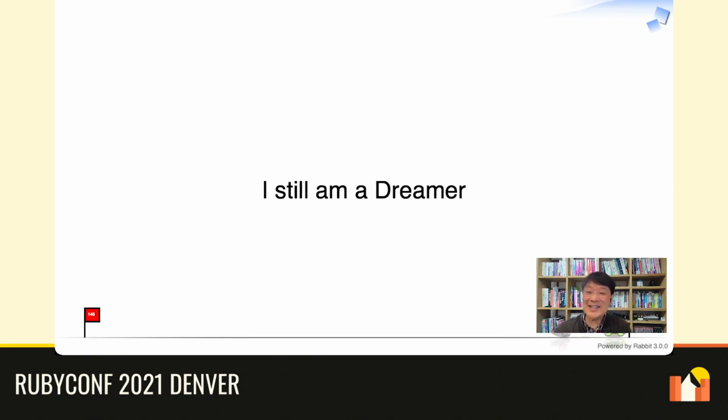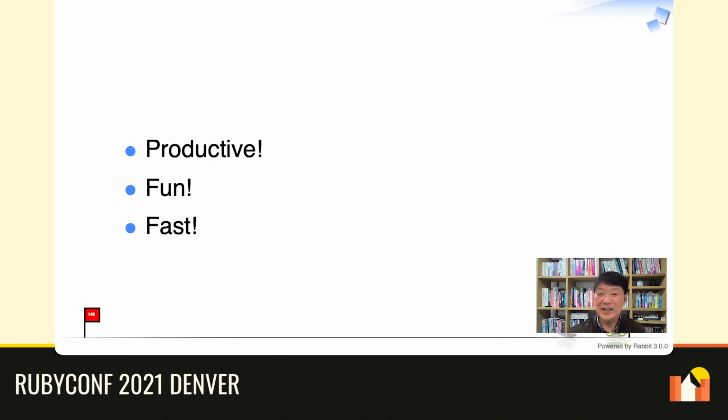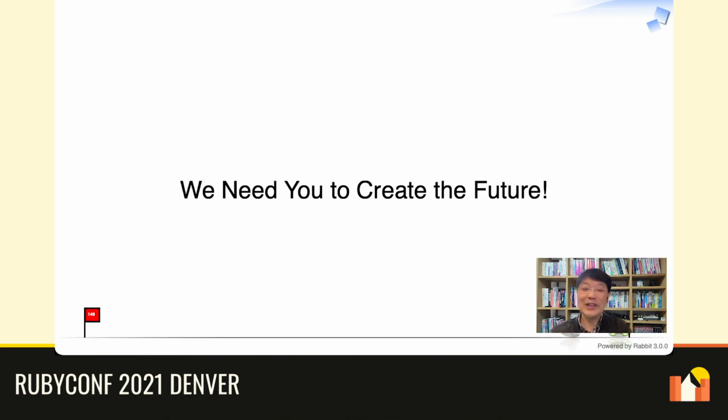But I am still a dreamer. I want an even greater programming language, which is productive and fun to use and fast. But we need you to create the future.